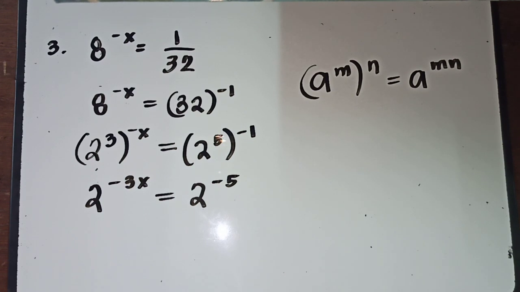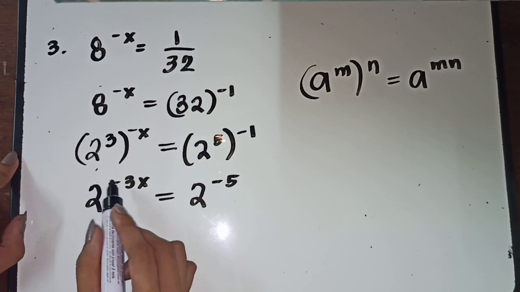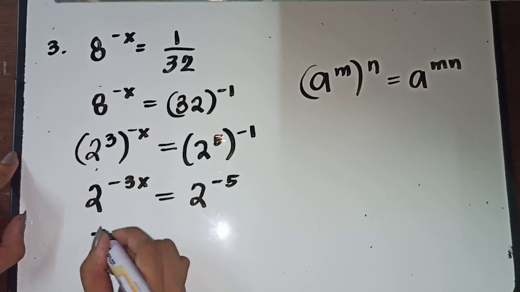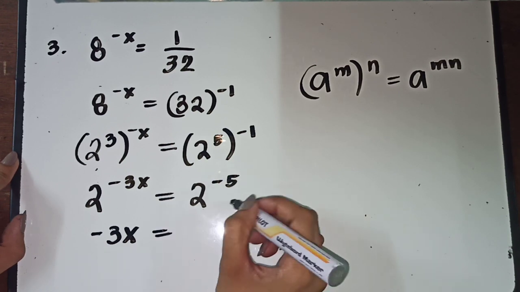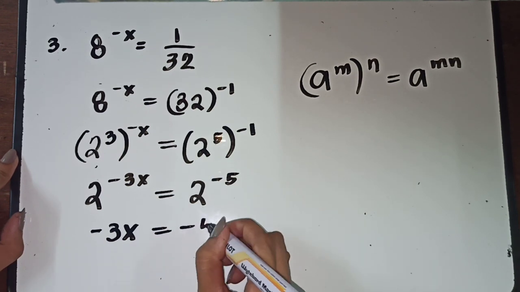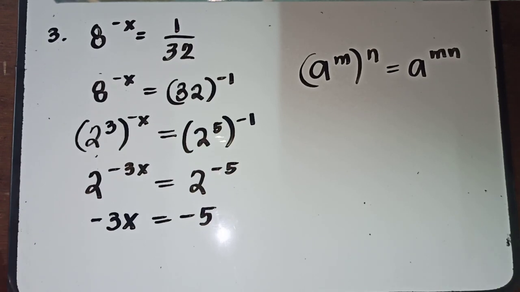Okay, so next, since equal na yung base, again, yung goal natin is maging equal yung base. Kapag equal na ang base, kopyahin na ang exponent. So, our exponent is negative 3x is equal to the exponent, which is negative 5. And solve for the value of x.